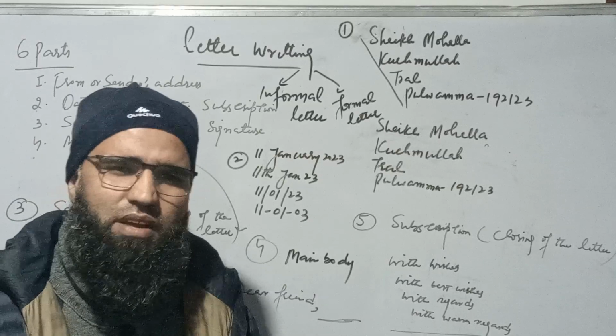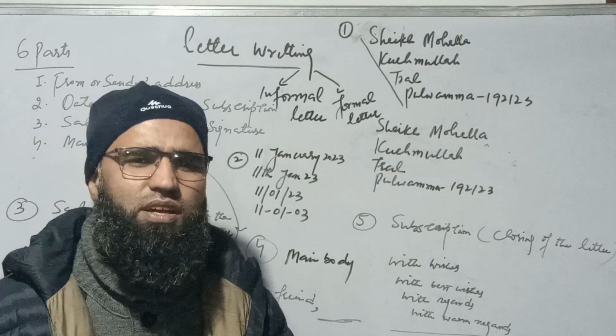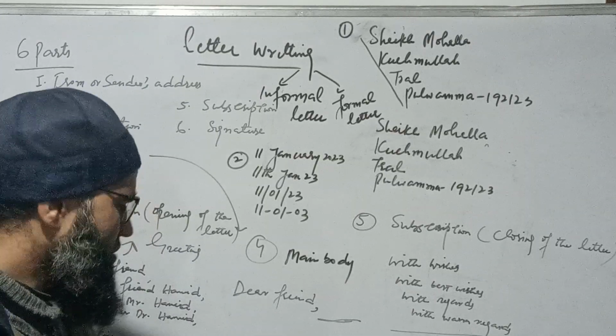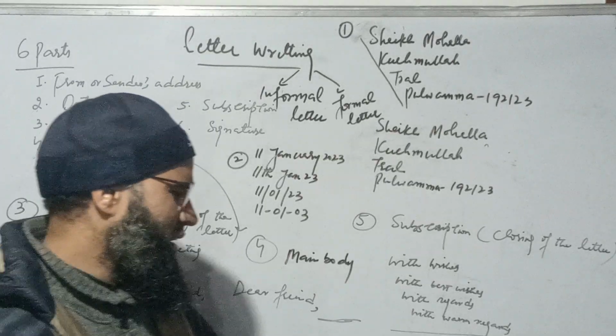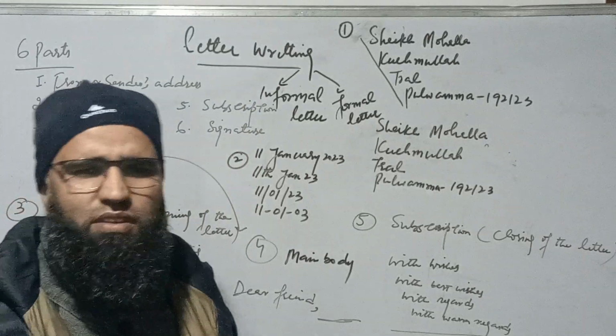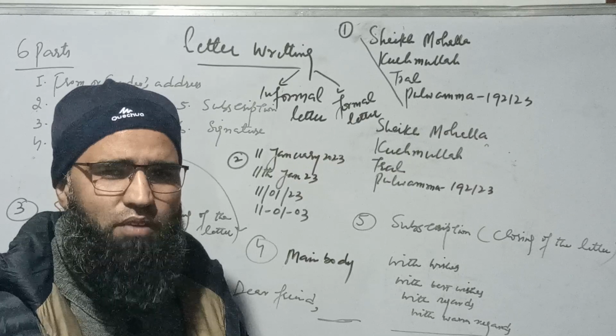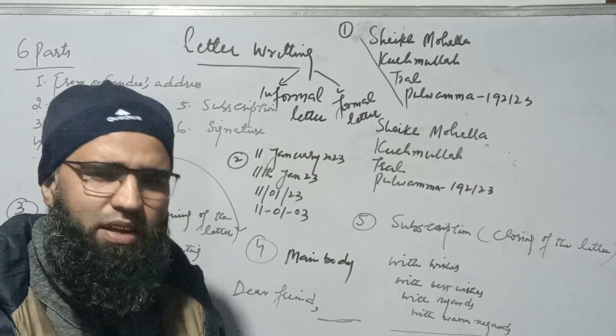But on the basis of a private relation with the sir or ma'am, you can use Dear sir or Dear ma'am. For them, you have to use yours faithfully and yours obediently. And after that, you can use yours respectfully, but that is not often mentioned in an informal letter.